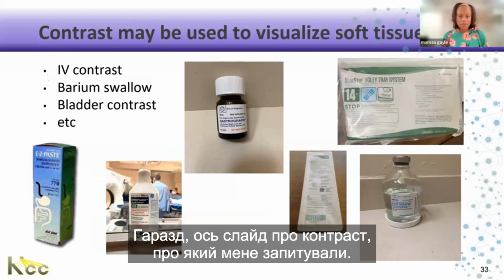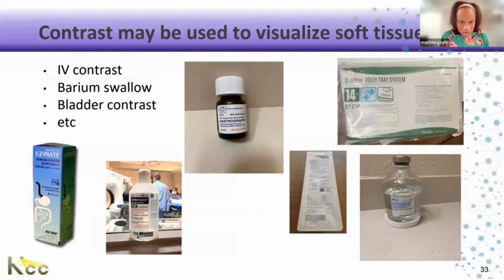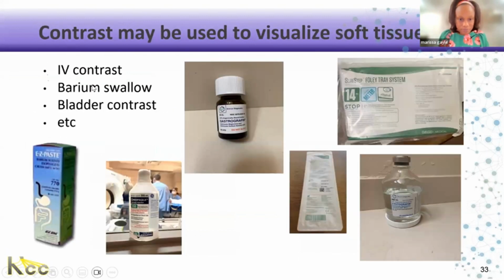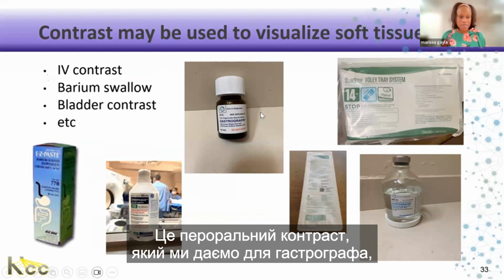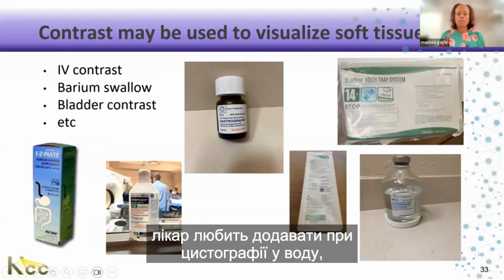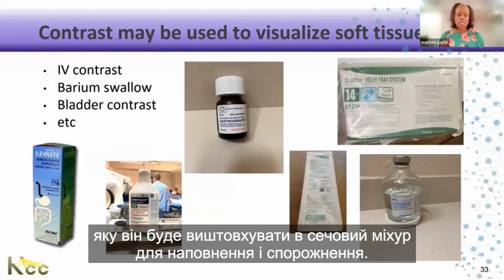Okay, here is the scan about the IV contrast that we were asking about. Sorry. So this is the oral contrast that we give, the Gastrografin. We also use this for our GYN doctor, who likes to insert a little bit of Cystografin into the water that he will push into the bladder for the full and empty.